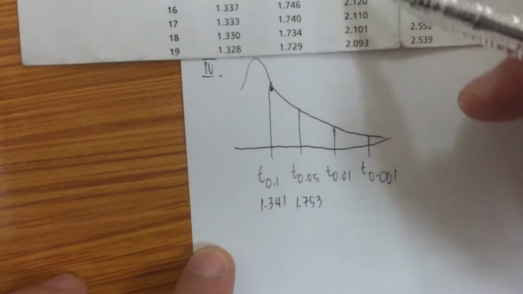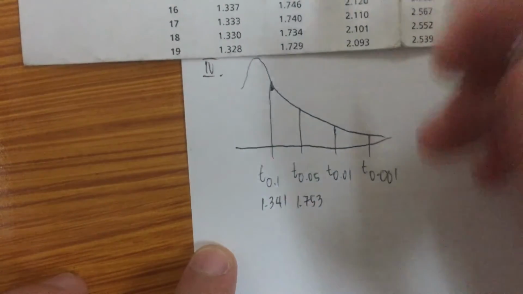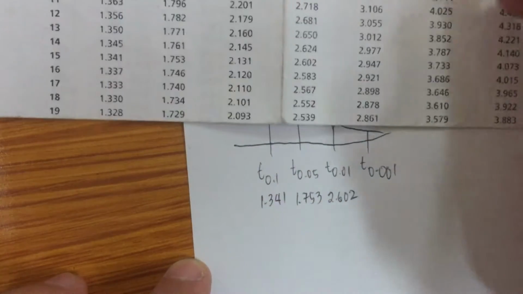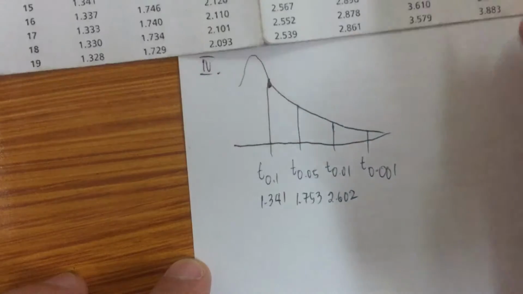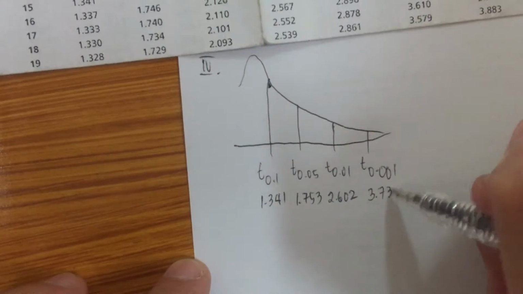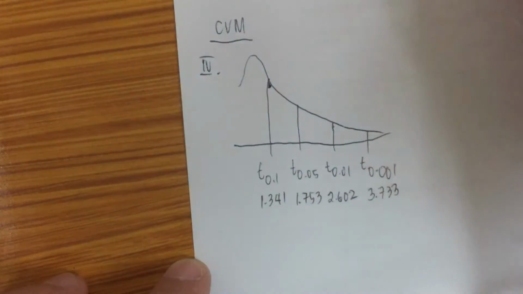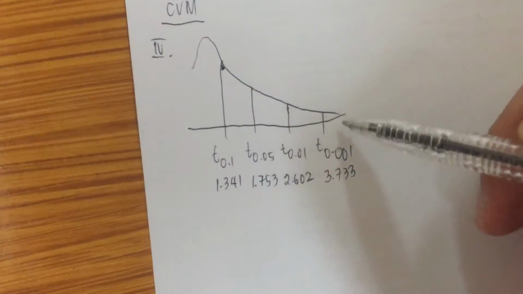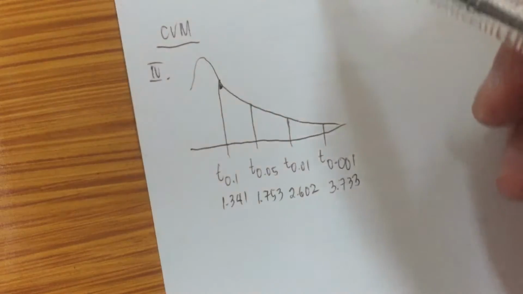For 1%, that's 2.602. And for 0.1%, that should be 3.733. So the rejection rule is the same. If the test statistic is inside the rejection area for that value of alpha, then reject the null hypothesis.